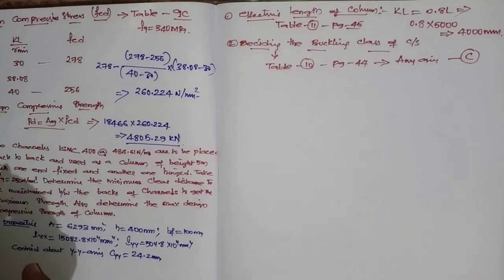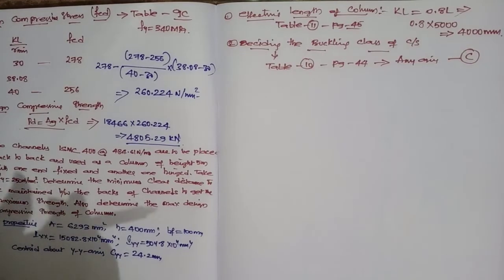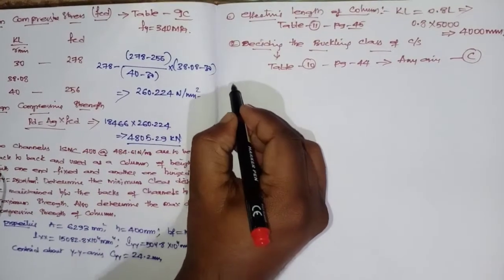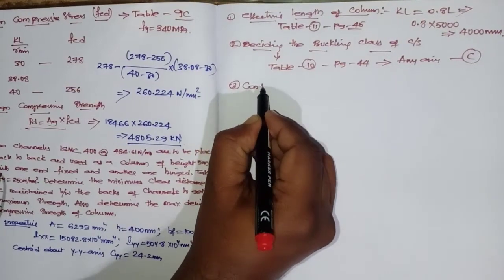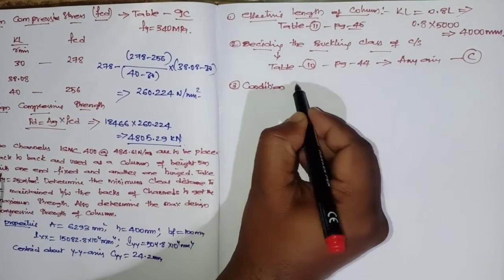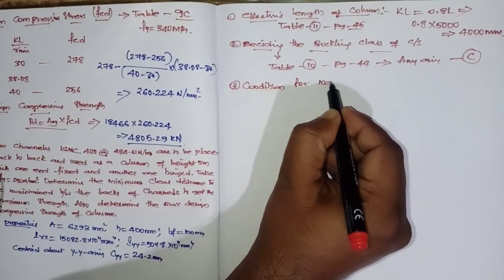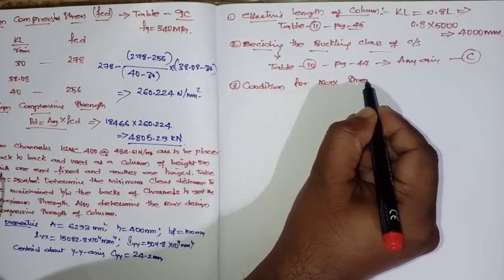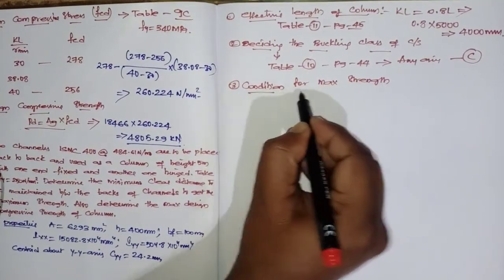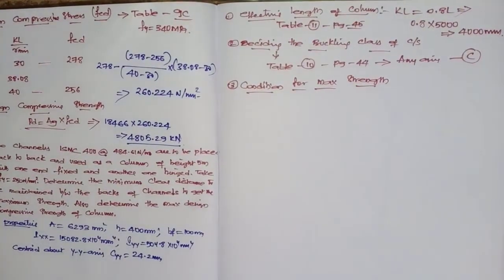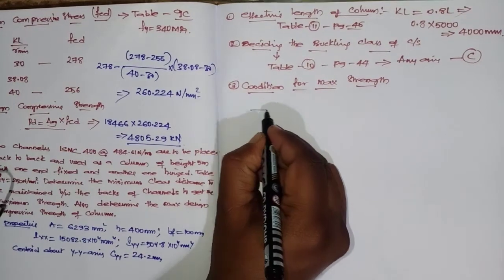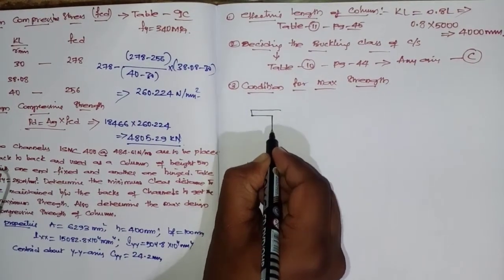Now here especially in the question they mentioned what should be the distance to be provided to get the maximum strength. That is the condition for maximum strength. Now first I try to draw the figure. This is one channel section.